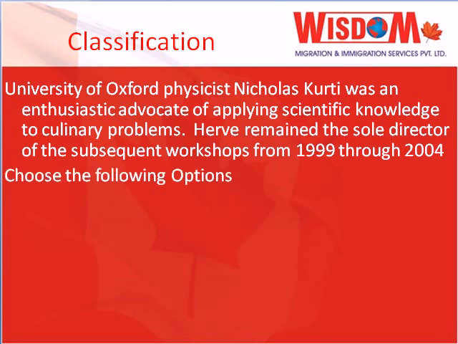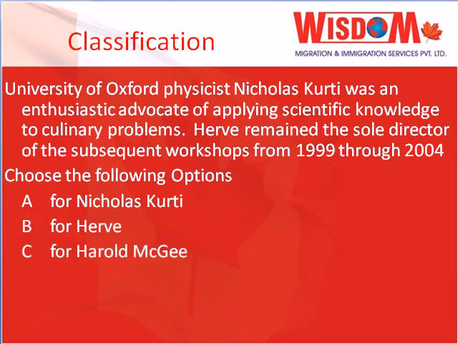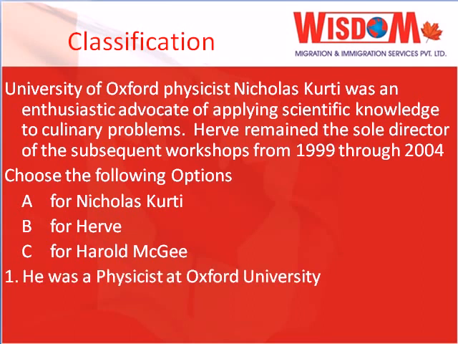Now choose the following options: A for Nicholas Curti, B for Herve, C for Harold McGee. Your question is, he was a physicist at Oxford University. It's clearly mentioned University of Oxford physicist, Nicholas Curti. So your answer to question 1 will be A.